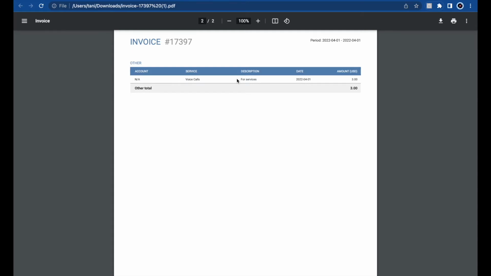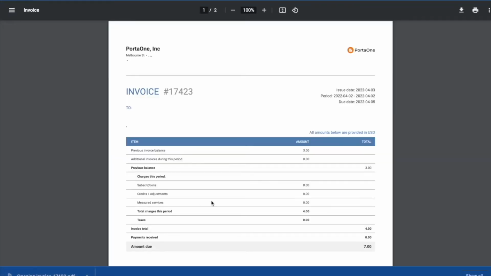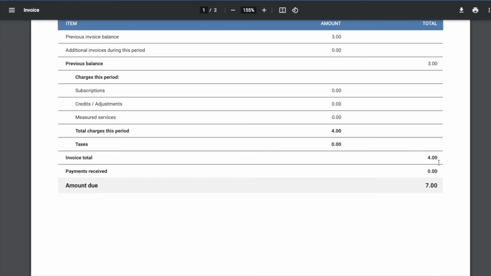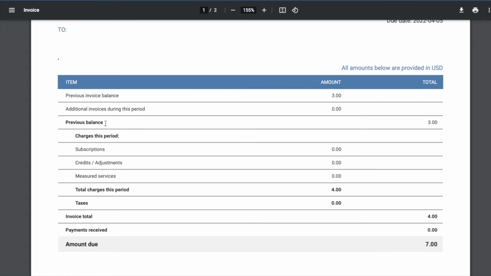Let's go back and look at the second invoice. The second invoice has a period total of $4 and the paid amount is $2. Its status in the system is partially paid. The invoice total is $4 because we used services for $4 during this billing period, but there is also a previous invoice balance of $3 from the previous invoice.